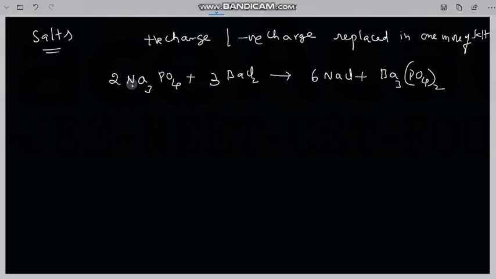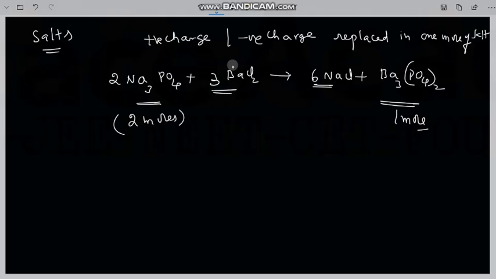In this reaction, to get 1 mole of barium phosphate, how many moles of sodium phosphate are required? 2 moles of sodium phosphate are required. Which means 6 moles of sodium are completely replaced by 3 moles of barium.